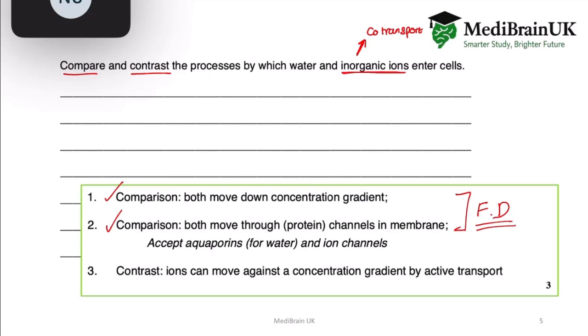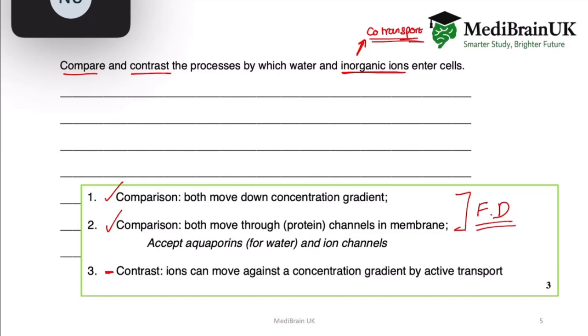However, contrasting, we need another method compared to water. Water will never move by active transport. Water will only move by facilitated diffusion or osmosis. In contrast, ions can also move via active transport.